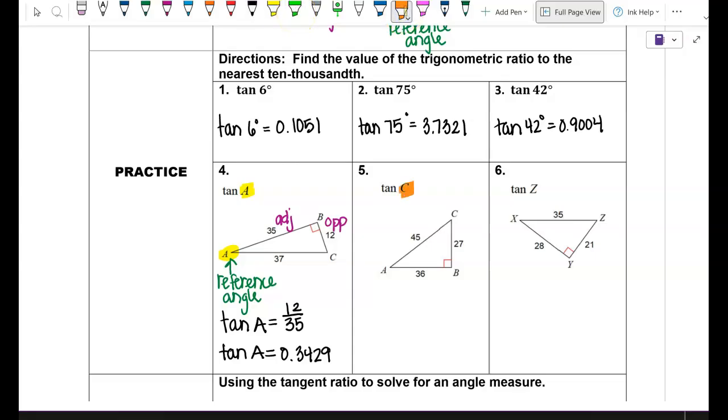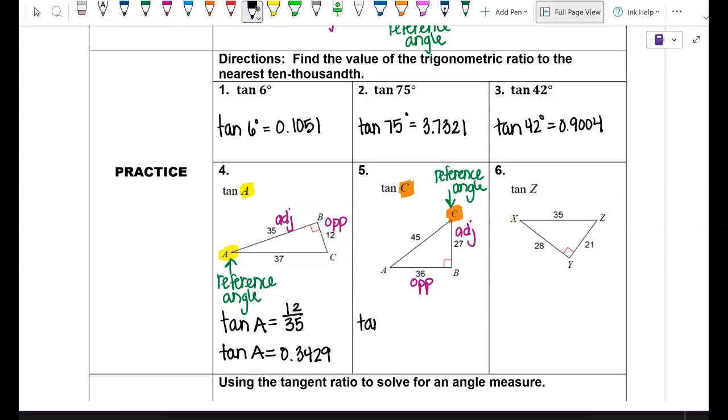The next one wants the tangent of C, so I find angle C on my diagram, and I know that's going to be my reference angle. And that's important because my reference angle really helps me determine what is opposite and what is adjacent. So in this case, opposite or across from it is the 36. Next to it is the 27.